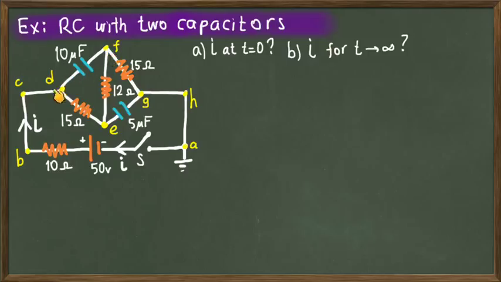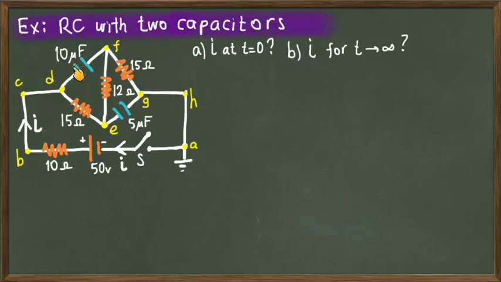In that case, when you close the switch, initially there are short circuits between points D and F and E and G, because the capacitor will act like a short circuit. But once current flows through the capacitor, it will get charged. The current will accumulate charges on the plates of the capacitor, and by accumulating charges on the plates, the potential difference between the points grows.